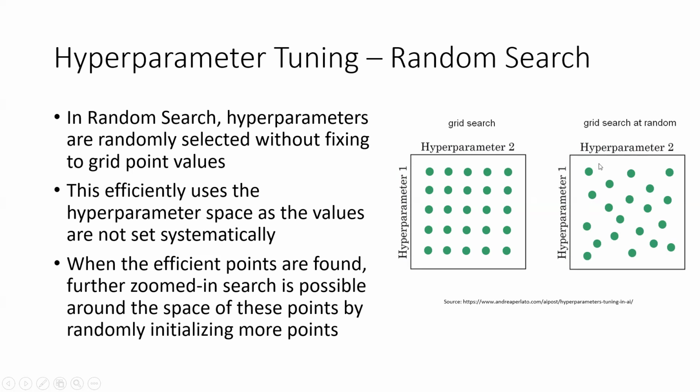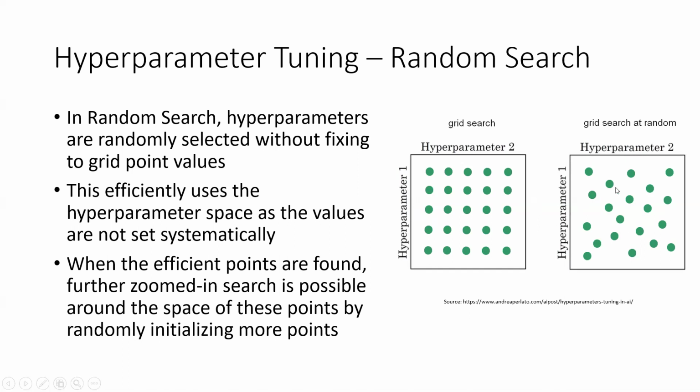Now there are 20 different values for hyperparameter 1. Similarly, if you count hyperparameter 2, there would be roughly 20 different values. Because we are selecting them randomly, we are having different values without restricting to a set of values as in the grid search technique.